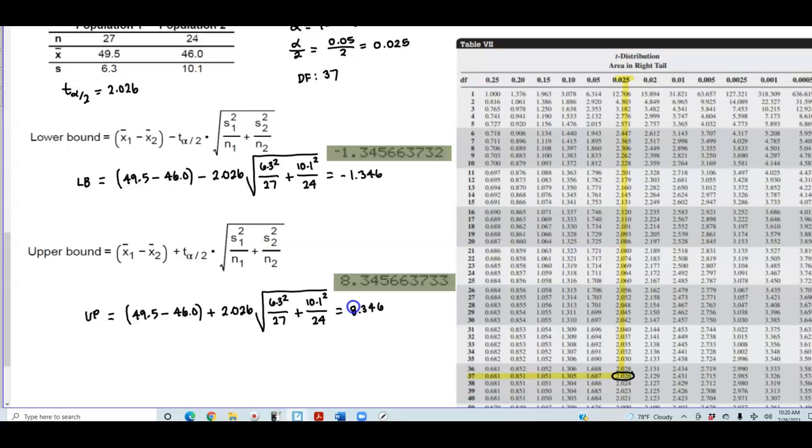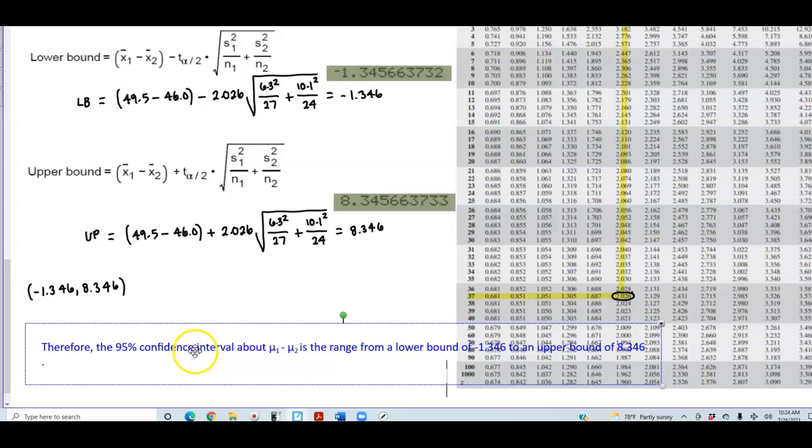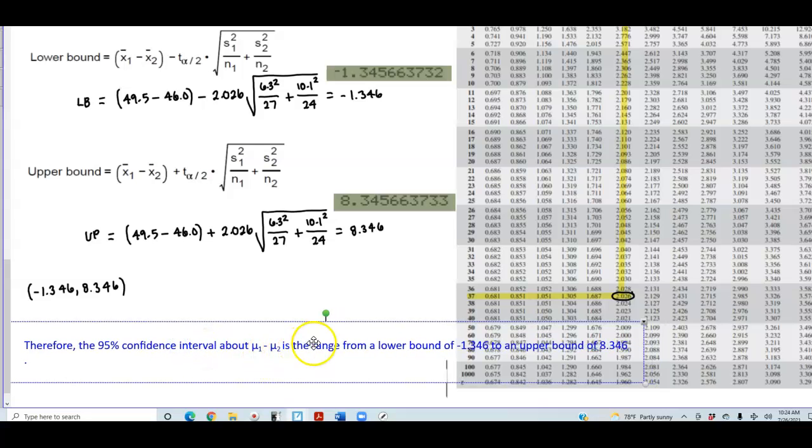So then we would say that the 95% confidence interval is going to start from negative 1.346 to 8.346. Okay, so we can go ahead and conclude the following.